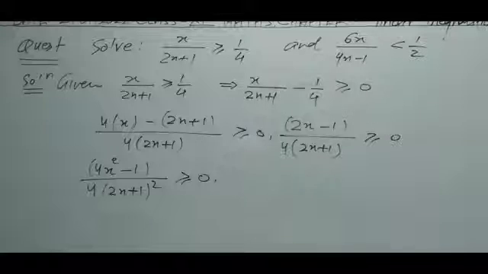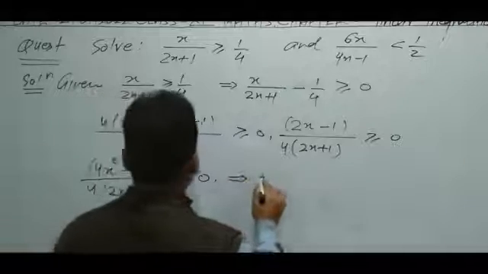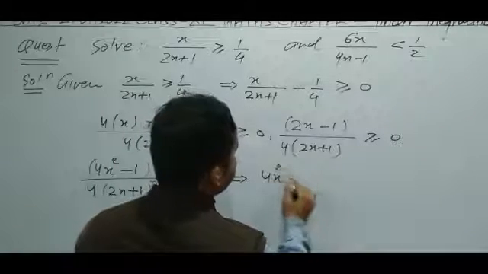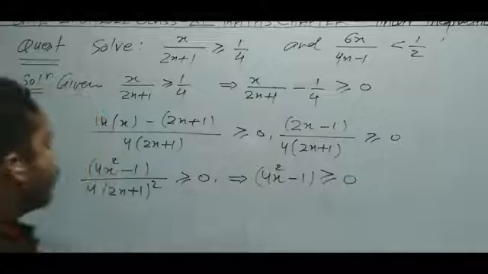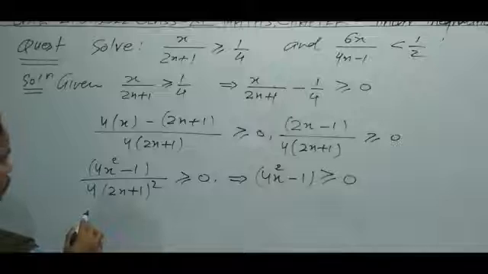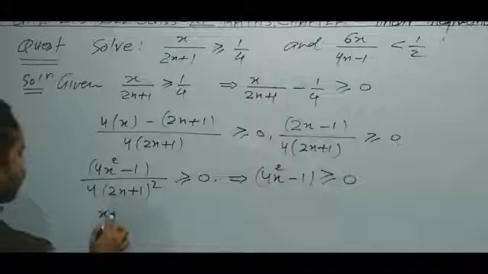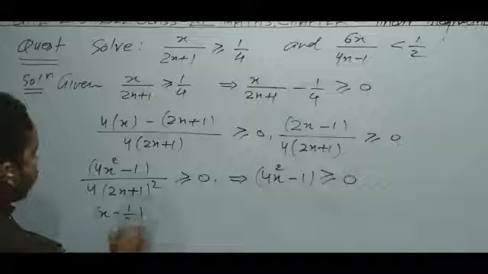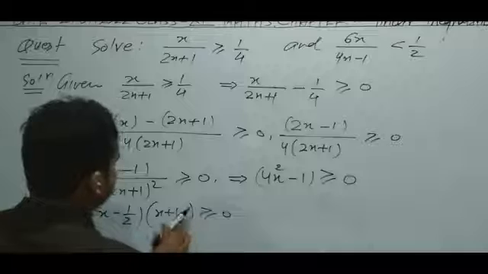So for the numerator, this implies, when you take 4 common, 4 is always greater than 0. Now this we can write as x minus 1 by 2 and x plus 1 by 2 is greater than or equal to 0.